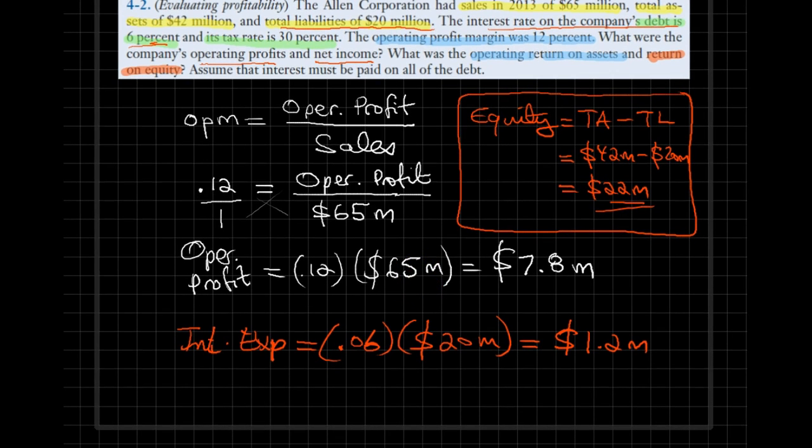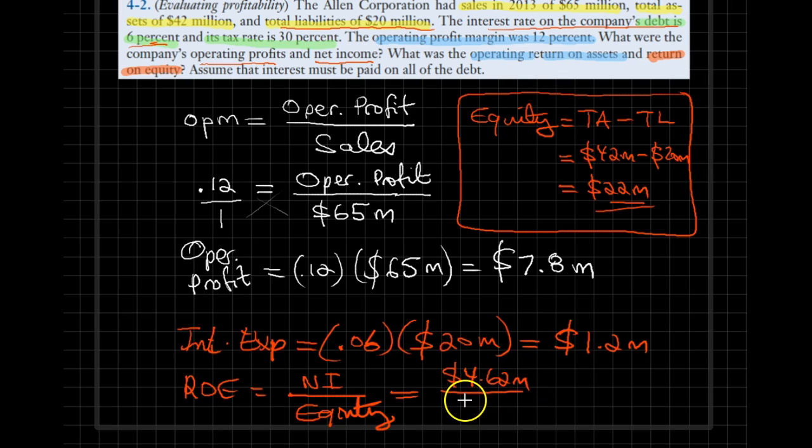Now in the final step, return on equity is equal to net income divided by equity. Our net income from our previous slide was $4.62 million, whereas our equity, which we just saw, is $22 million. Therefore, we would get 0.21 or 21% as our return on equity, and that would pretty much complete our solution. So we are basically done.